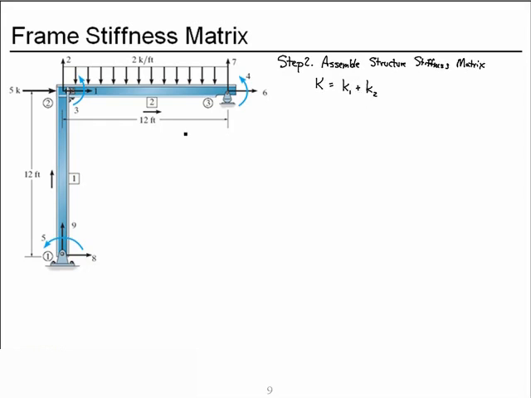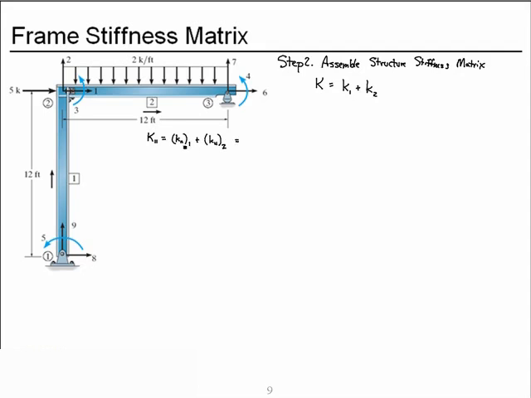And what I mean by that, for example, the top left corner of the structure stiffness matrix, K11, refers to force generated at degree of freedom 1 due to deformation at degree of freedom 1. And we obtain that by summing the coefficients from the two elements.